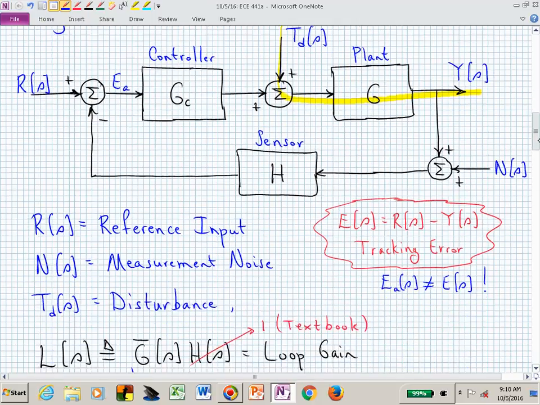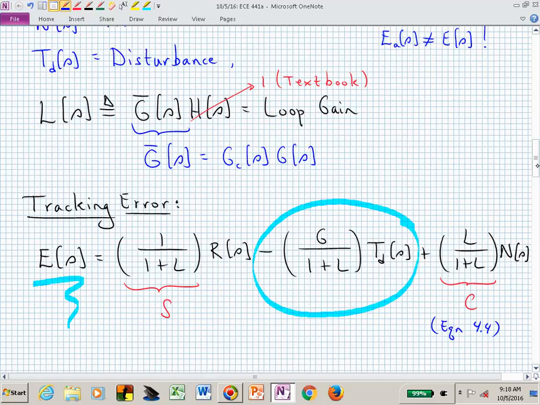If we're now looking at this relationship, if S is small when R is important at low frequencies, maybe we make S small at low frequencies, which says make L big. If we make L big, what happens over here? It goes to 1. That means our noise goes right into our error.